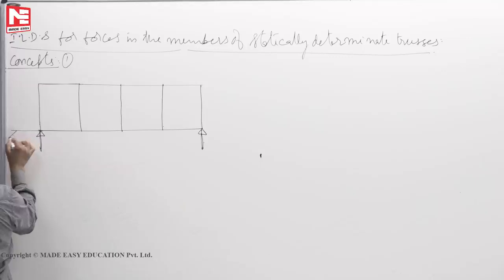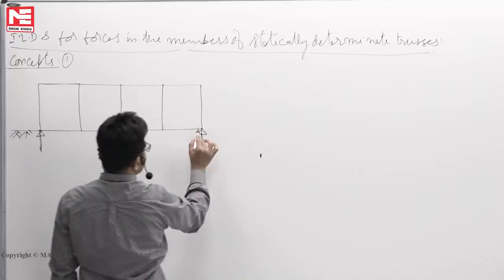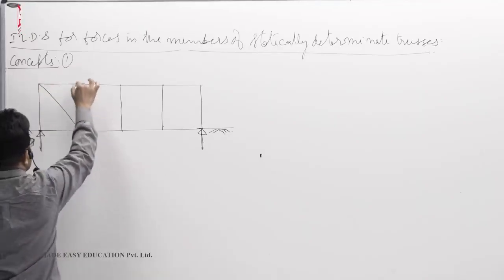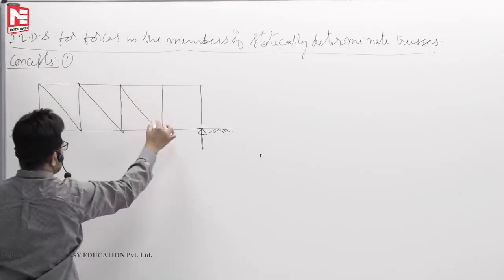Here you have to visualize that there is a ground, here also ground. This is, as I told you earlier, an N-type truss or Pratt truss.